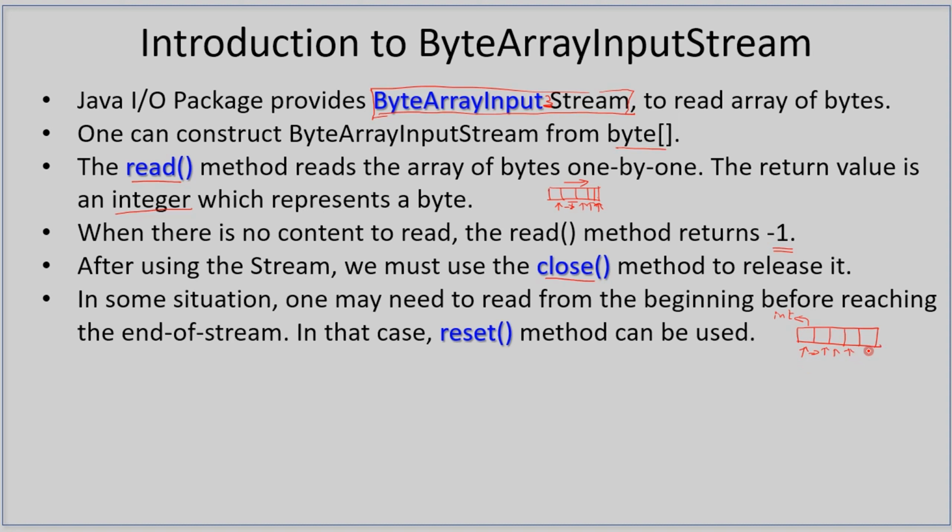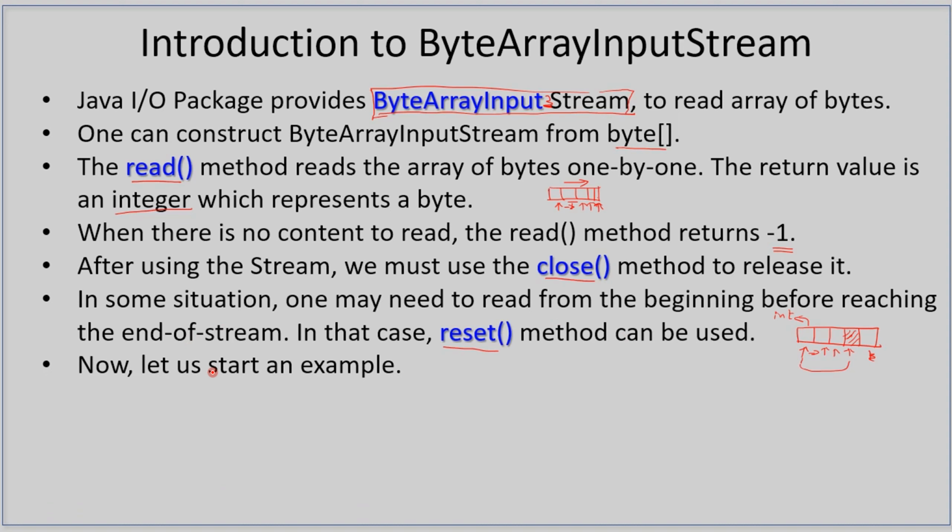Likewise, it advances, and let's say before reaching the end of stream, you have read the content up to here, and if you make a call to reset, the pointer once again goes back and stays at the beginning. So that's the usage of the reset method, but it is used rarely. Mostly people will use the read method, and after reading the stream they will close.